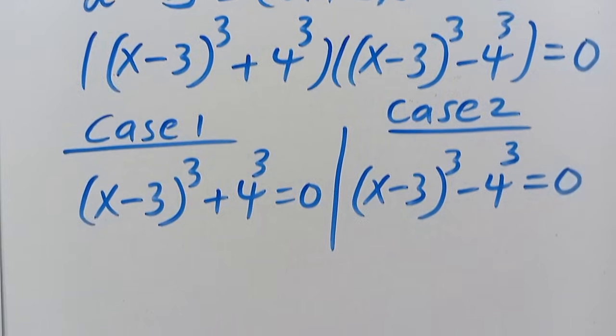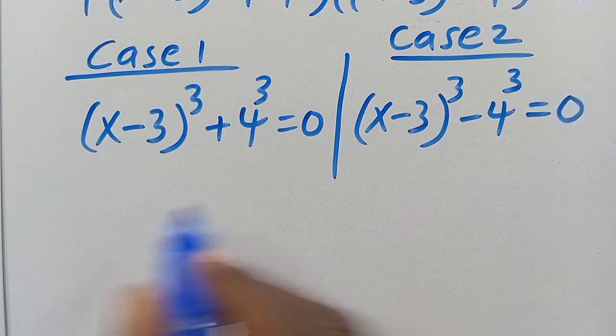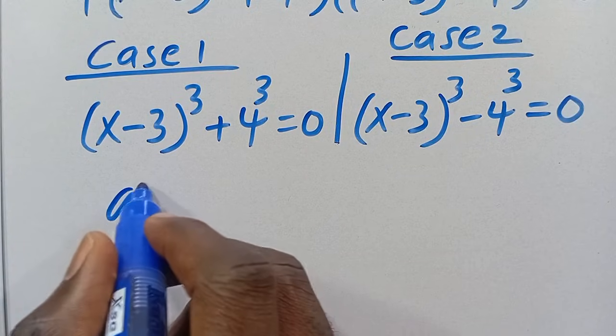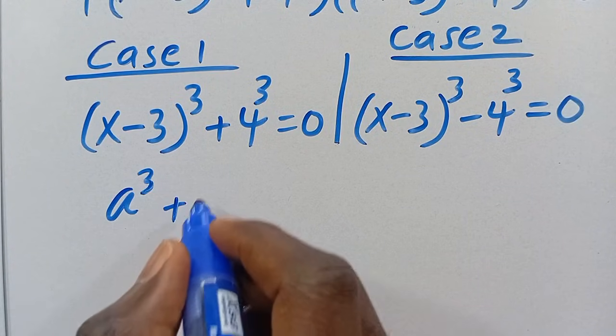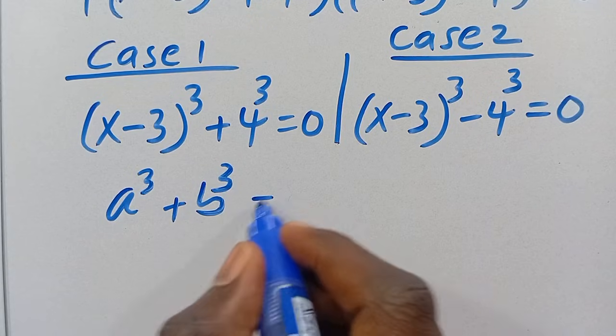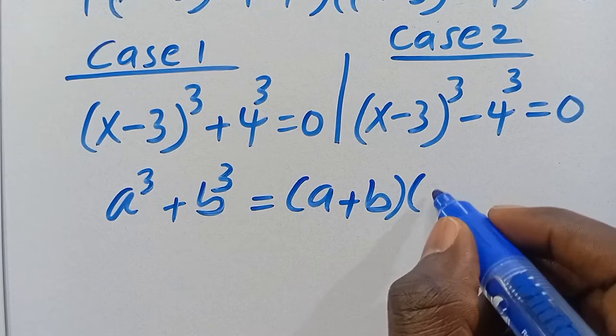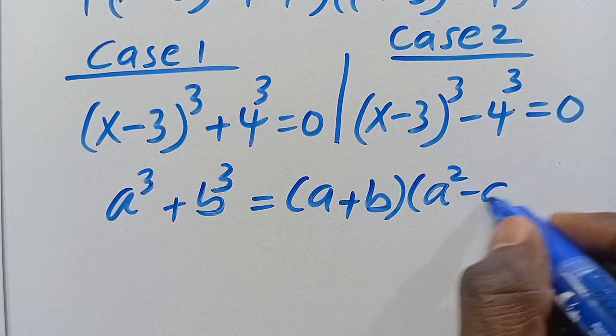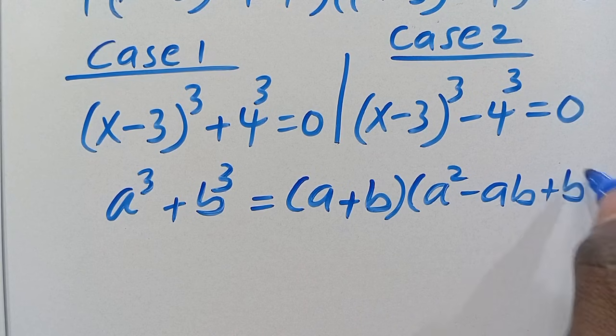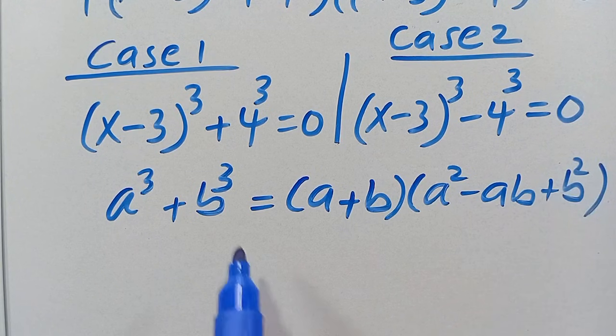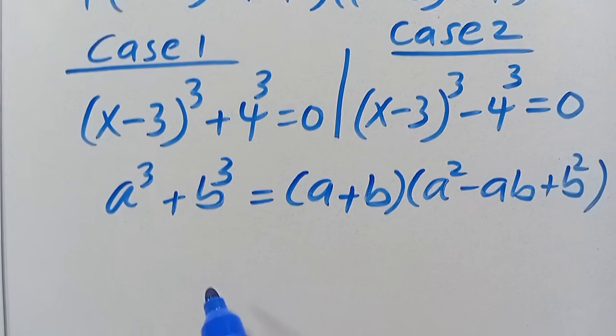Then let's recall that a^3 + b^3 equals (a + b) multiplied by (a^2 - ab + b^2). We apply this one here.